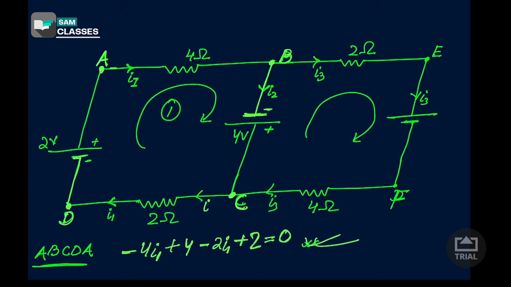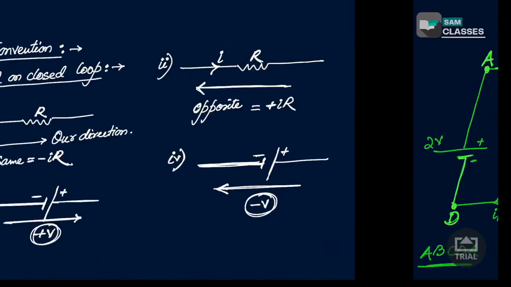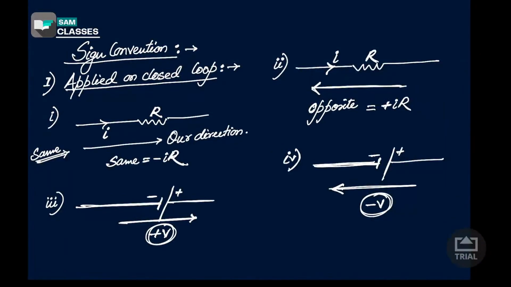Now what if we are taking the opposite? If I send these values to that side, what will happen? 4I1 minus 4 plus 2I1 minus 2 equal to 0. See, the whole sign convention I could have taken opposite. If I'm going in the current direction, I can take positive. If I'm going in the opposite direction, I'll take negative. If I'm hitting a big danda, I'll take positive.